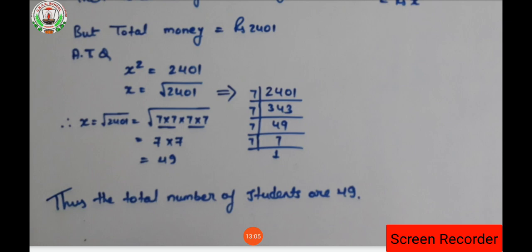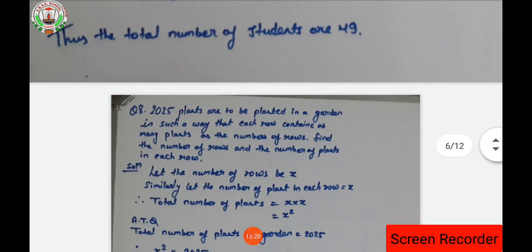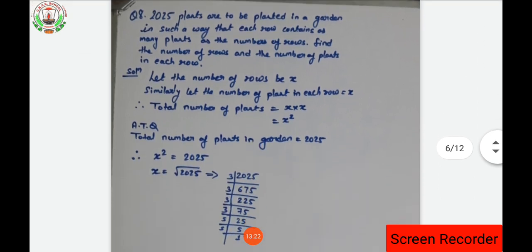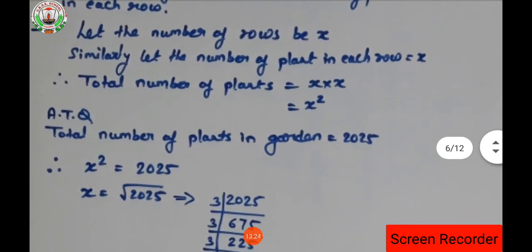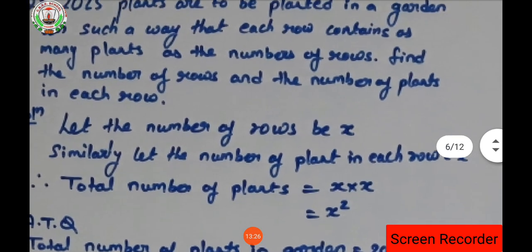So 7 into 7 is 49. Thus the total number of students who are going to give donations in the Prime Minister National Relief Fund is 49. Simple question. You have to just find the factors and form the pairs of the numbers.